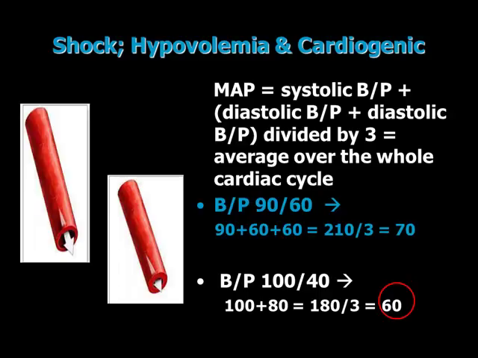And then because you've got systole, diastole, diastole added together, you've got to divide by 3 because there's actually 3 parts to it. So when you look at the blood pressure 90 over 60, we take 90 plus 60 plus 60, that equals 210. We divide that by 3, and that comes with a MAP for the 90 over 60 of 70. That's awesome. We want that.